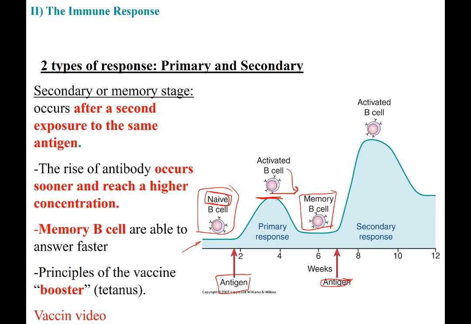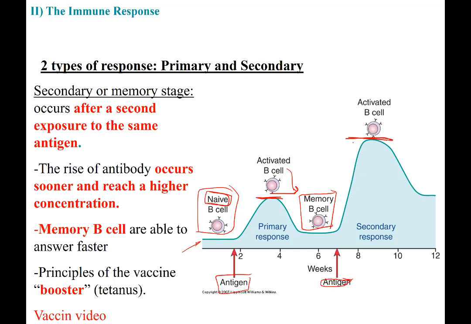And because they have the memory of it, they know it, they understand it, they can react much faster and much stronger. So you see the level of antibodies that those memory B cells are able to produce is much more than the first time, which means you might even be immune to the flu. You might not develop the symptoms, and you might not actually be sick.